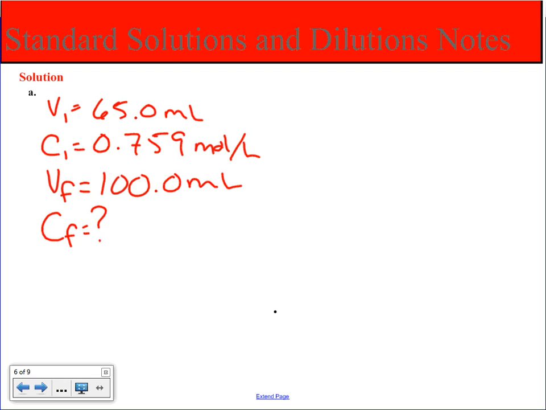So I take my formula here of CiVi equals CfVf. I'm looking to calculate the final concentration, so I just have to divide both sides by the final volume.